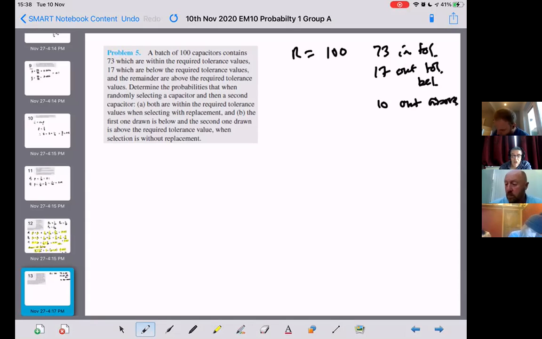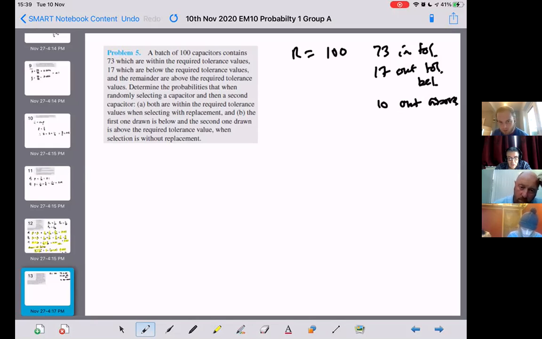Determine the probabilities that when randomly selecting a capacitor and then a second capacitor, A, both are within the required tolerance values when selecting with replacement, and B, the first one drawn is below and the second one drawn is above when the selection is without replacement.